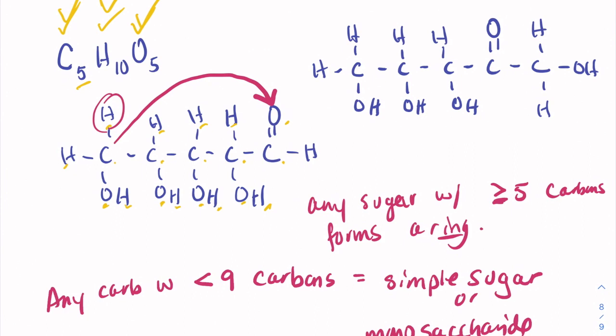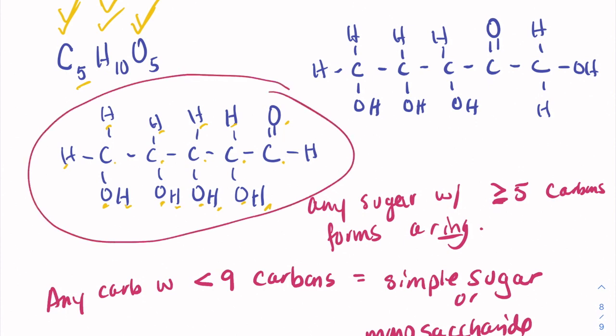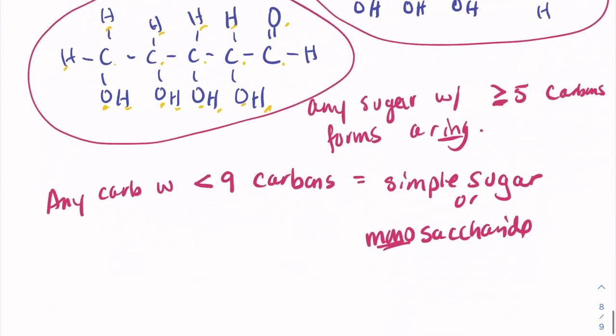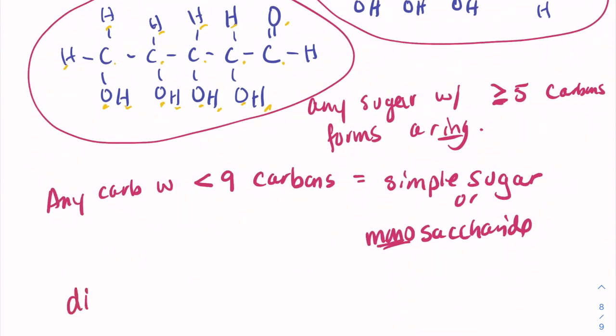Okay, but we can put together 2 carbohydrates. Like here we've got one monosaccharide, and here's a second monosaccharide. We can put them together to form a disaccharide. I can't spell saccharide today.